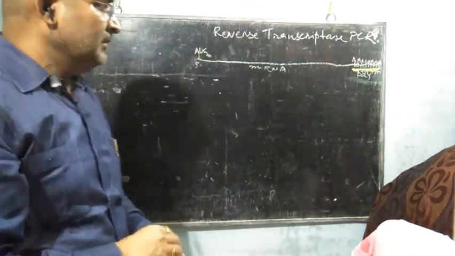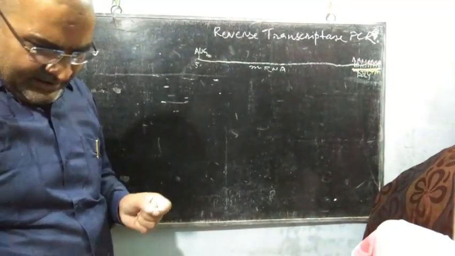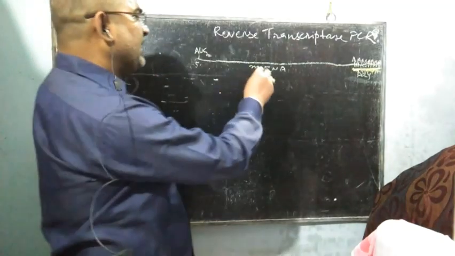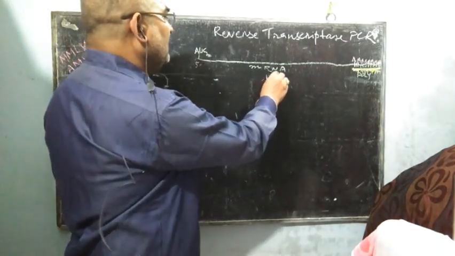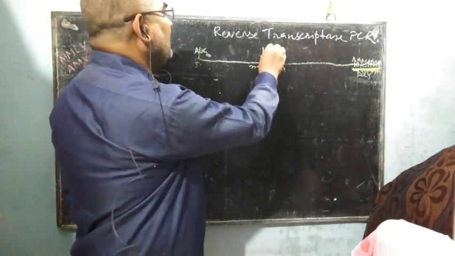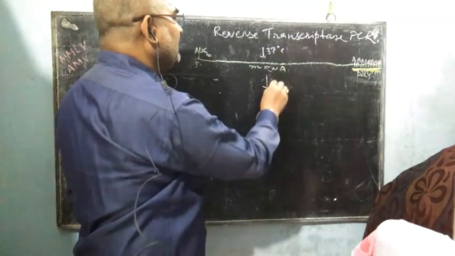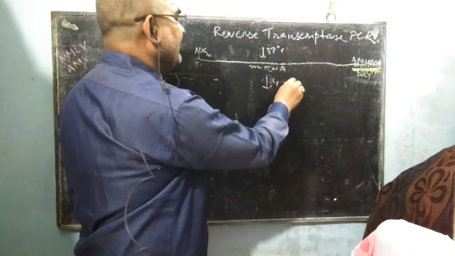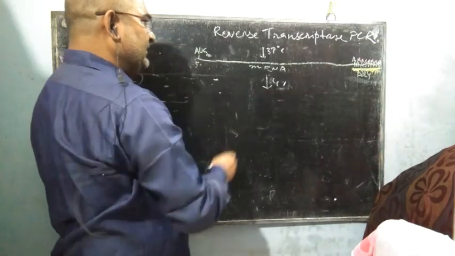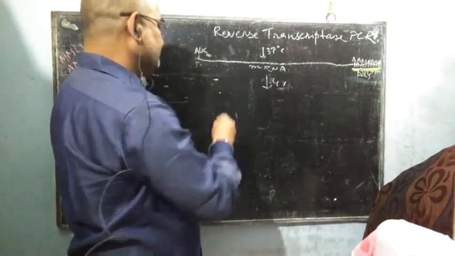We use the poly T, and here we provide the temperature from 37 degrees centigrade to 4 degrees centigrade.